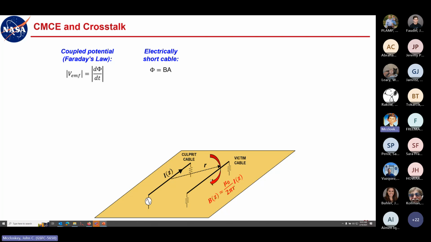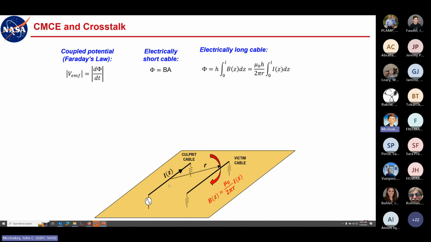And at low frequencies, when the cable is what we call electrically short, when it's much less than a wavelength, we can assume that the B field is constant in the horizontal direction too. So the total flux is just B times the total area of the loop. But when it's electrically long, a significant fraction of a wavelength, then the B field is going to vary as a function of the position along the cable, as will the current.